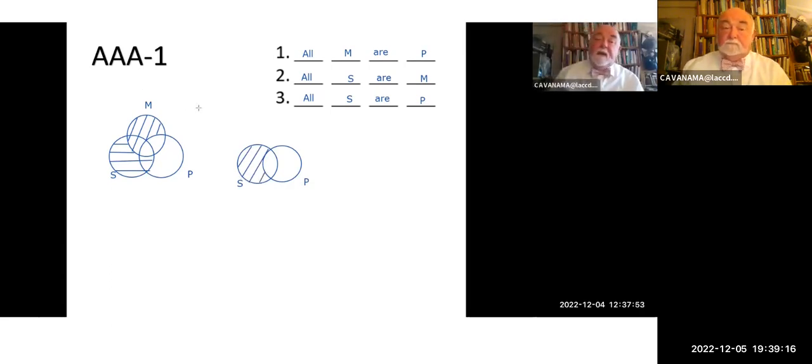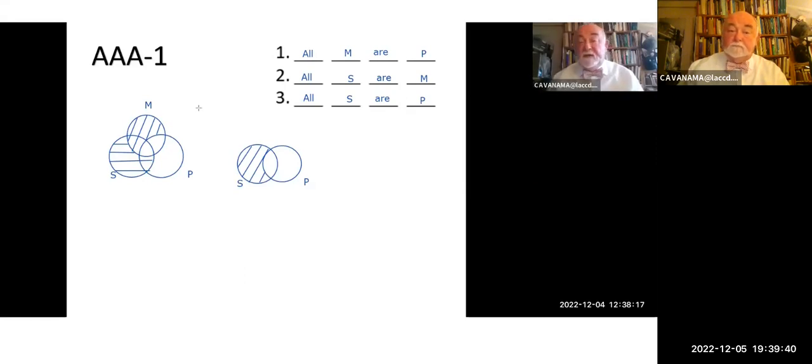We did this in two stages, okay? And so we left open the possibility that there is something in that intersection that lies among all three of the circles, S, M, and P, okay? But therefore, if anything is an S, it's also a P. And by the way, in addition, it says more than the conclusion says.